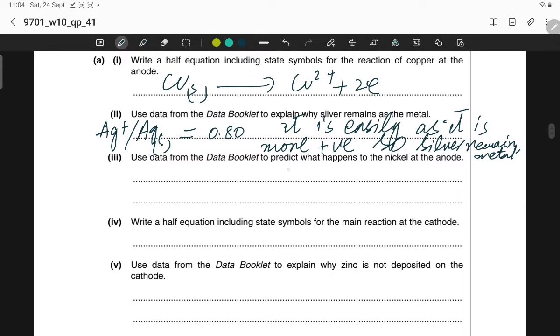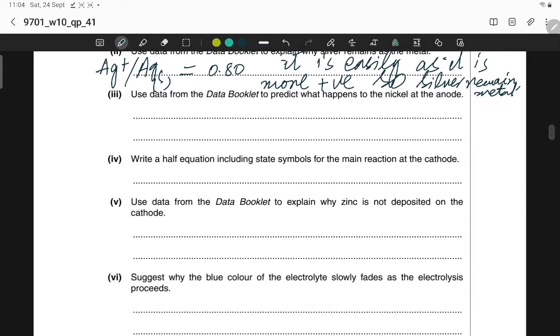Use data from the data booklet to predict what happens to the nickel at the anode. The E cell of nickel is -0.25.